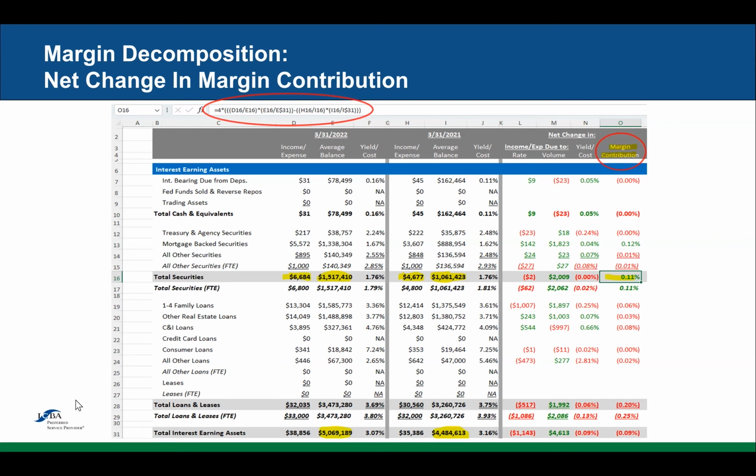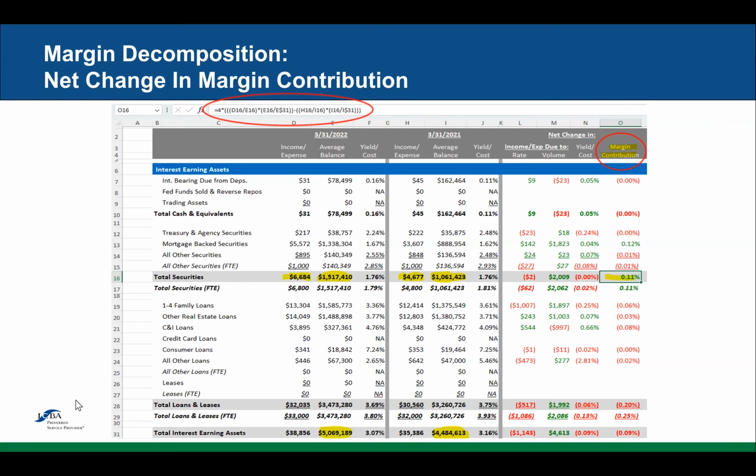So it's a decomposition of that 9 basis point decrease in total yield to show you, of that 9 basis points, where are the areas that actually define the decrease, and where maybe some highlight areas moderated that decrease. If you were looking at your yield on loans and said, our loan yield decreased 20 basis points, but our earning asset yield only decreased 9 basis points, why is that?